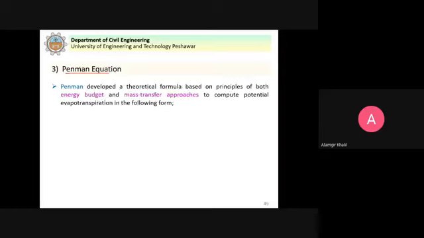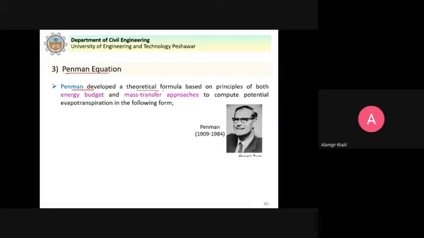The third important method is known as the Penman equation. Penman developed a theoretical formula based on principles of both energy budget and mass transfer approaches to compute potential evapotranspiration, which we defined earlier.